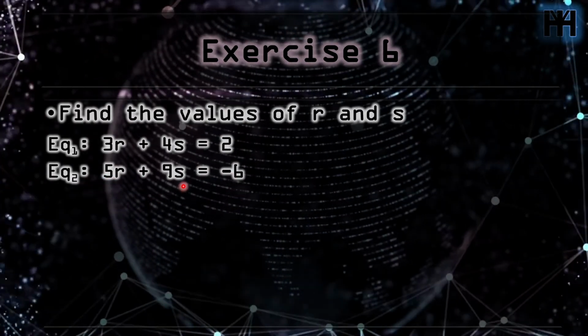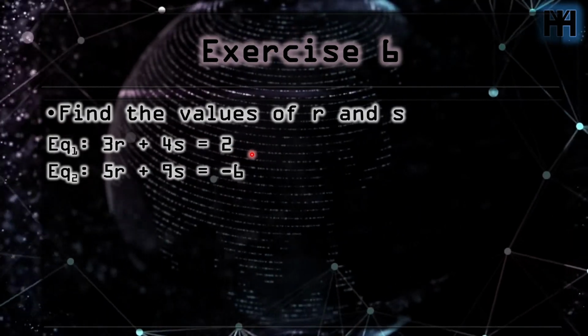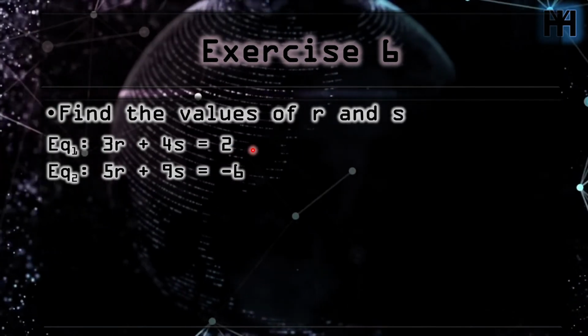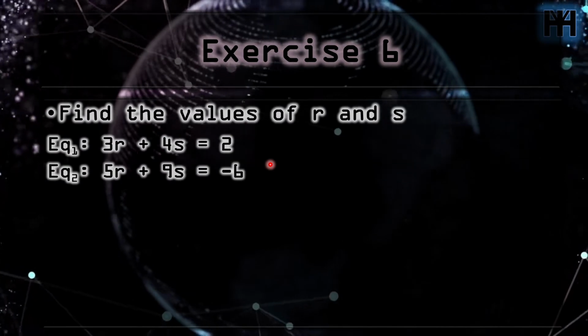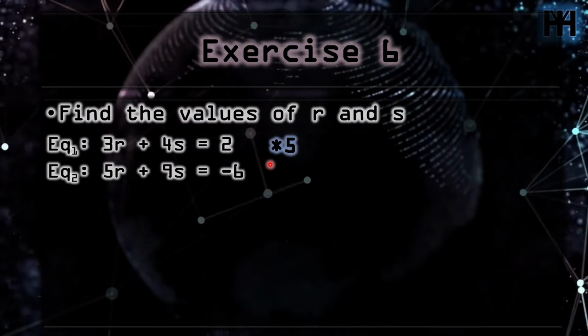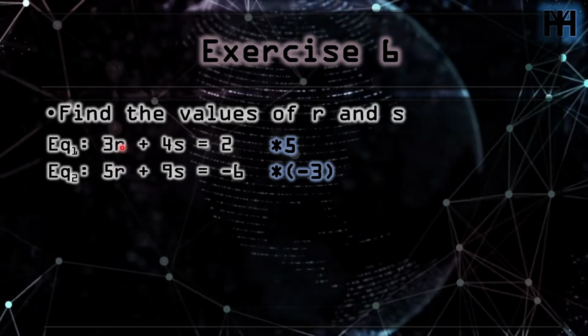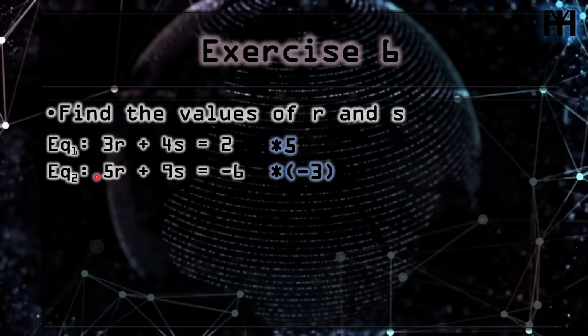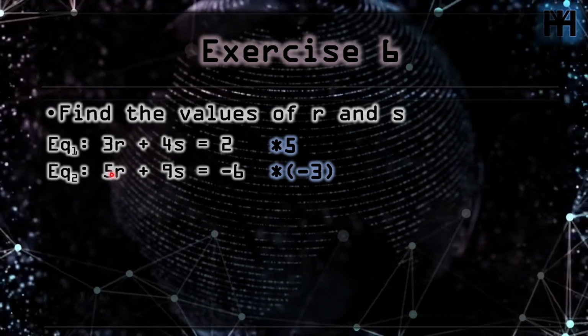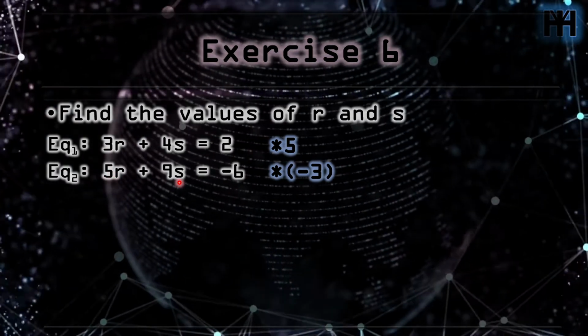We also will need to apply two multiplications to be able to solve this equation. So you'll multiply the first equation by 5 and the second equation by negative 3 to get the same coefficients in r, with the additive inverse in equation 2.